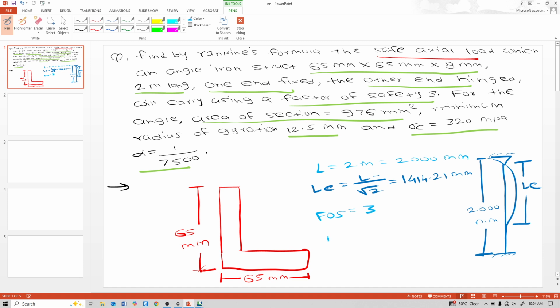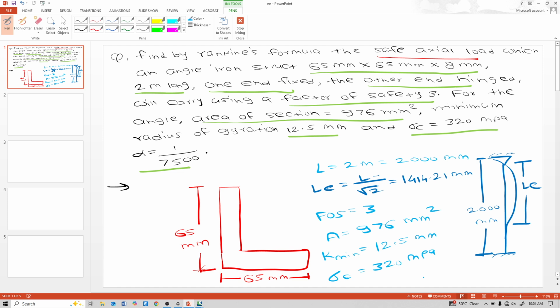Area is 976 mm square. Minimum radius of gyration, that means K minimum, is equal to 12.5 mm, and the crushing stress is 320 MPa.